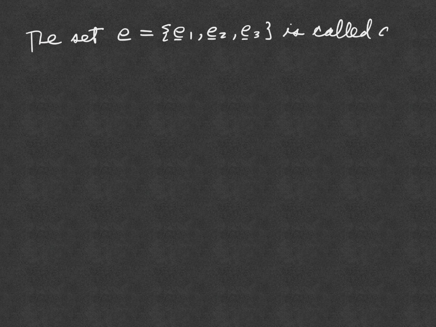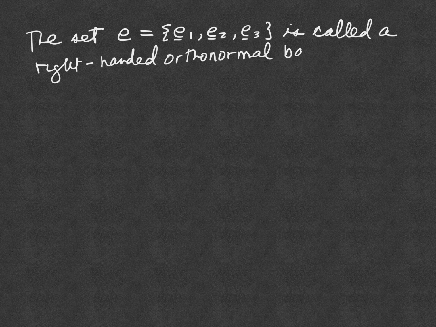So the set, and I'm going to call it E now, equals E1, E2, E3, is called a right-handed orthonormal basis for three-dimensional Euclidean space.